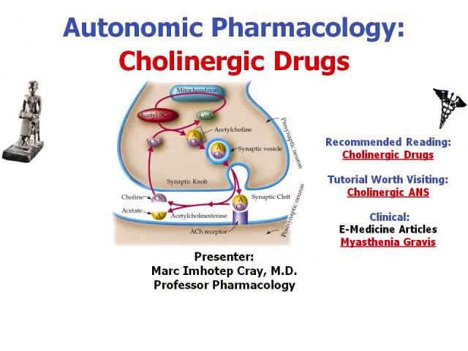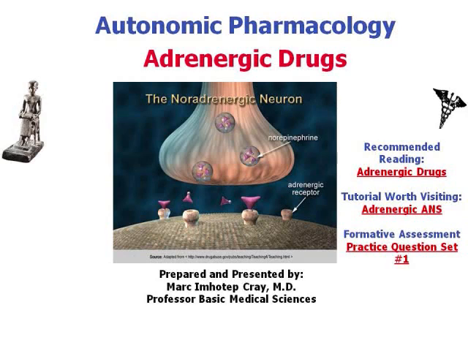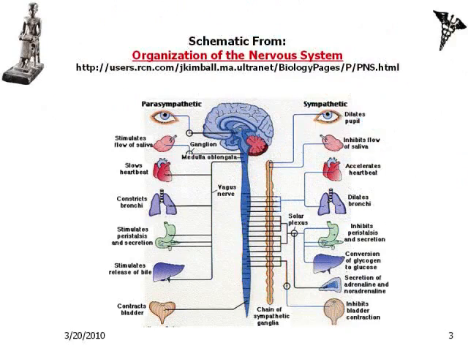We talked about the parasympathetic subdivision and the cholinergic drugs yesterday, and today we're going to be talking about the adrenergic drugs and the sympathetic subdivision. The sympathetic subdivision is the thoracolumbar outflow tract, that is to say from T1 to L3. And the parasympathetic subdivision is the craniosacral outflow tract.